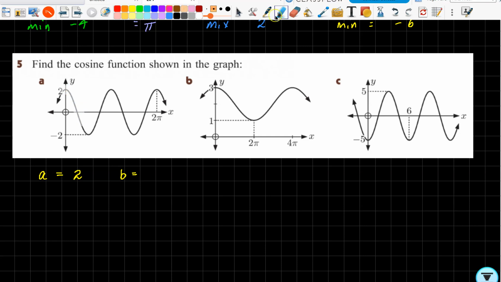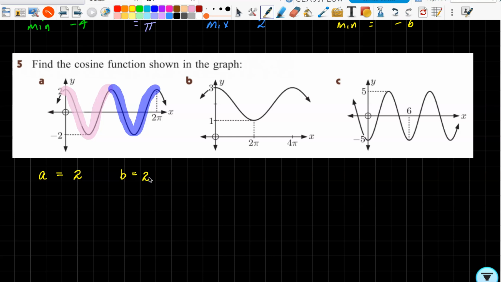Right, we can see 1, and then we can see 2. And I know you could see it, but I just wanted to use my highlighter. So we've got B is 2.